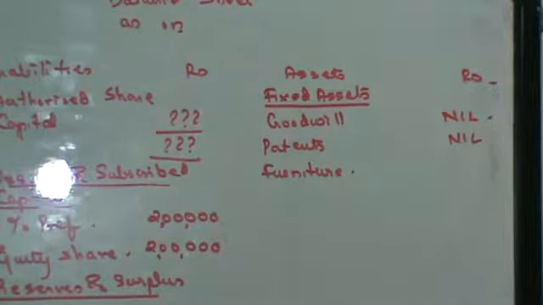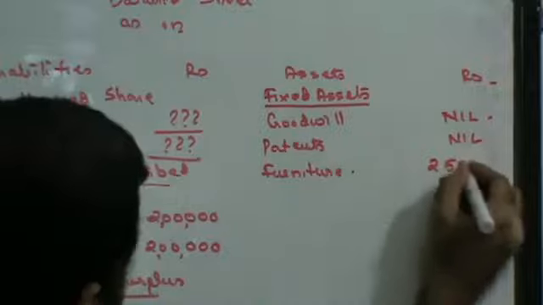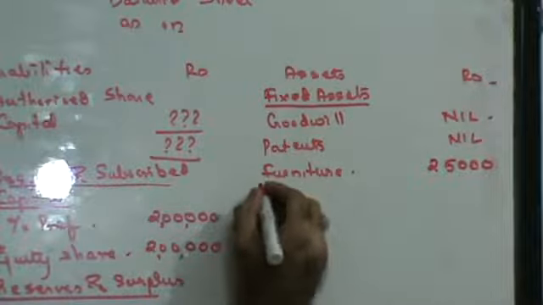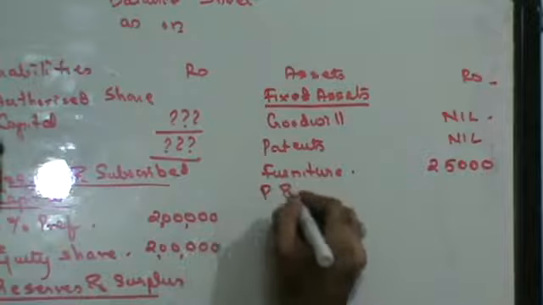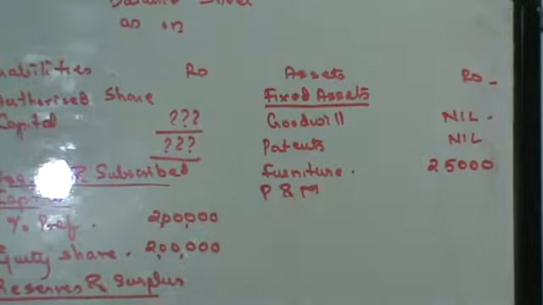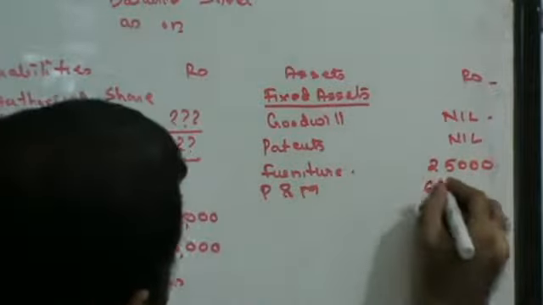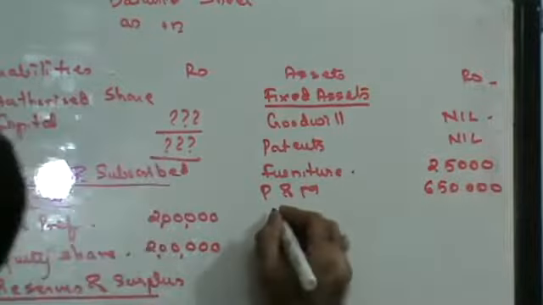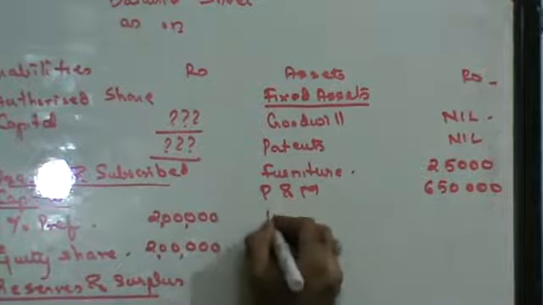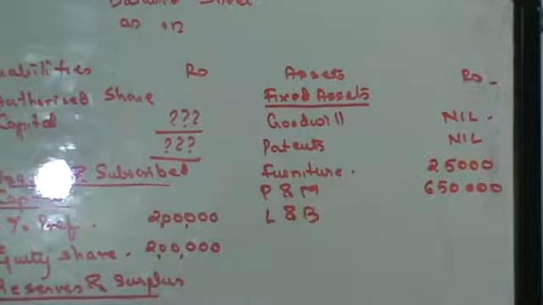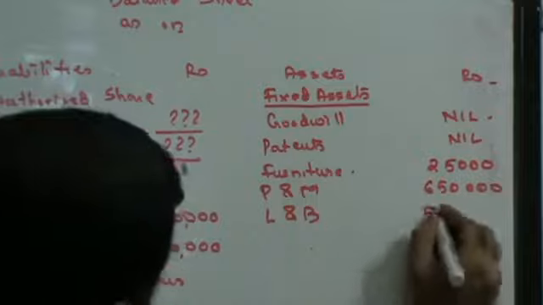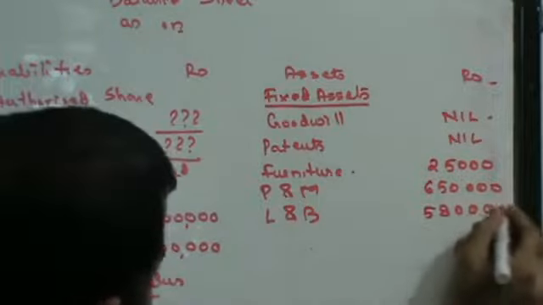Furniture is 35,000, and furniture is 10,000 there, so 25,000. On the credit side it is 10,000. Plant and machinery. Plant and machinery is 6 lakhs, and it is on the debit side 50,000, so 6,50,000. Then you have land and building. It is 6,50,000 and 70,000 on the credit side, so 5,80,000.